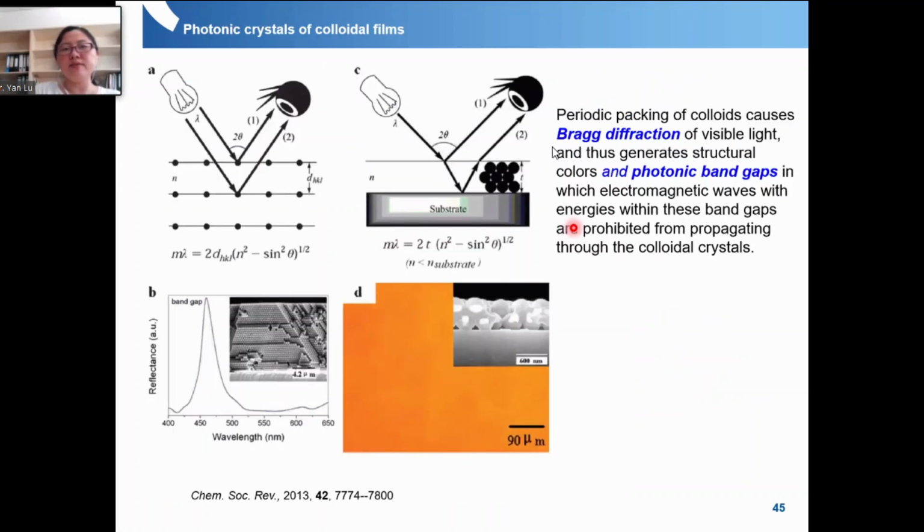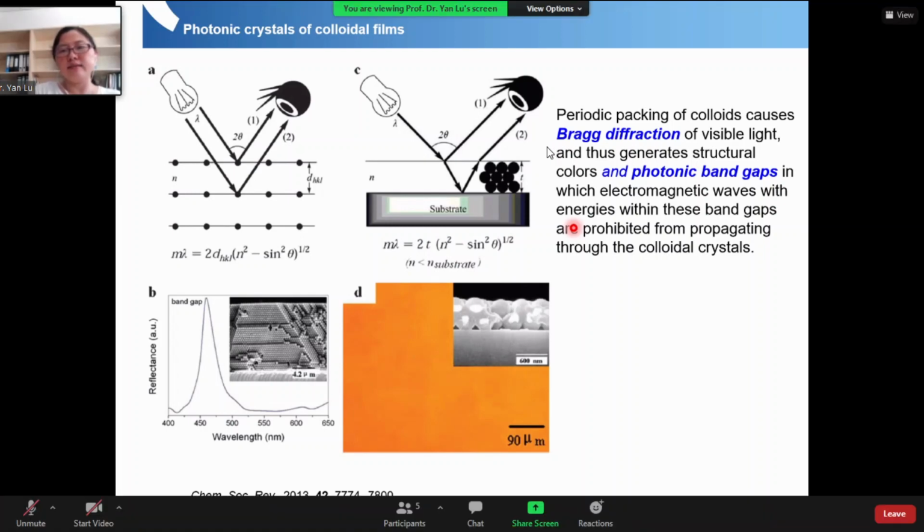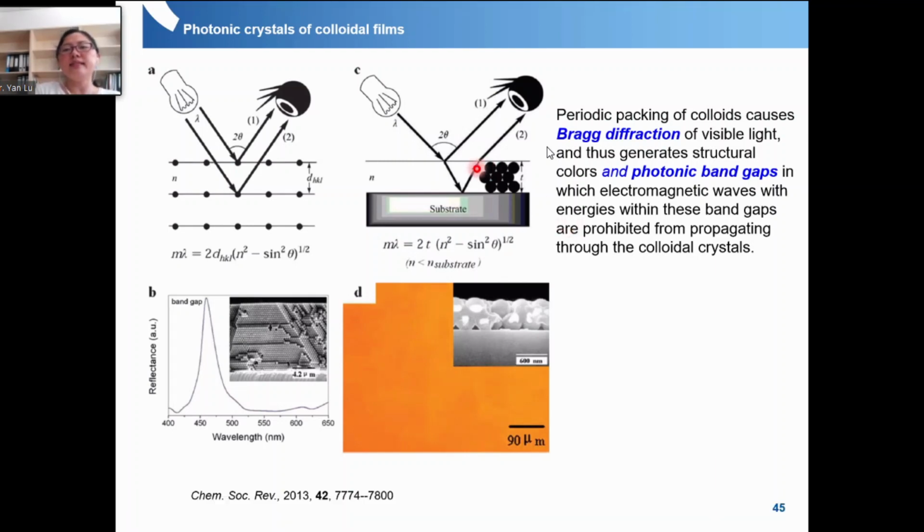For example, you can form a photonic crystal based on colloidal films. In this case, the Bragg diffraction is fundamental to how you can tune the photonic band gaps of such colloidal films.